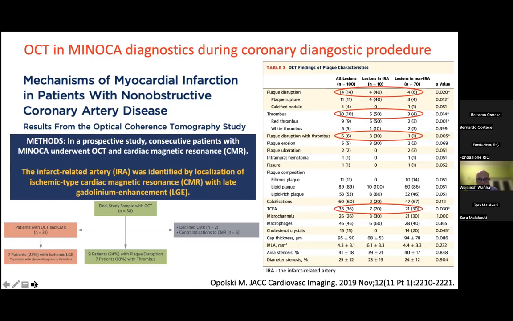So that kind of vulnerable plaque has been found in the OCT, and they were much more often in the infarct-related artery compared to lesions which were not responsible for myocardial infarction.